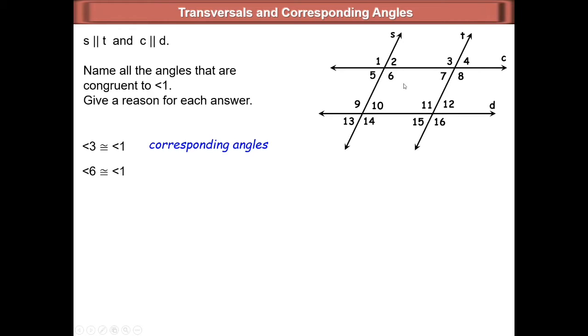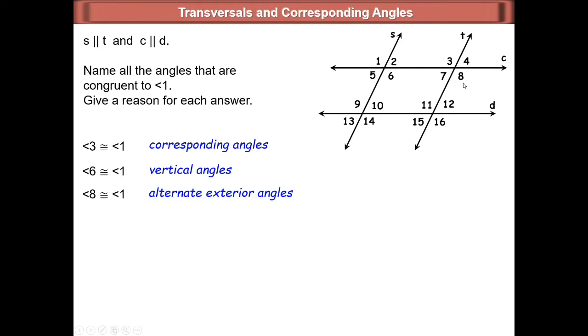Angle 6 is congruent to angle 1 because they are vertical angles. So vertical angles is something we learned about in chapter 2, and we still will use it for the rest of the year. We also know that angle 8 is congruent to angle 1 because angle 8 is alternate exterior with respect to angle 1.